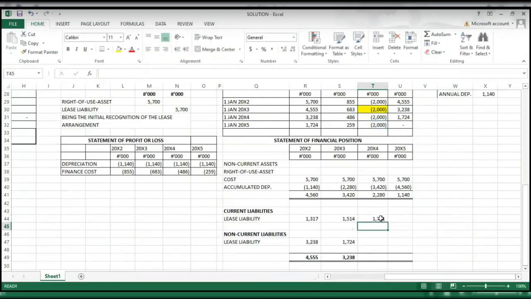This is the current liability, and the non-current liability as at the end of year 3 is what? It is 0, because there is no liability beyond 1 year at the end of year 3.